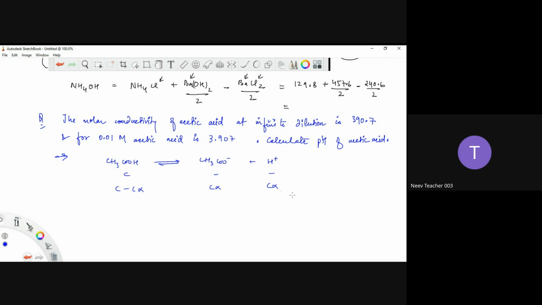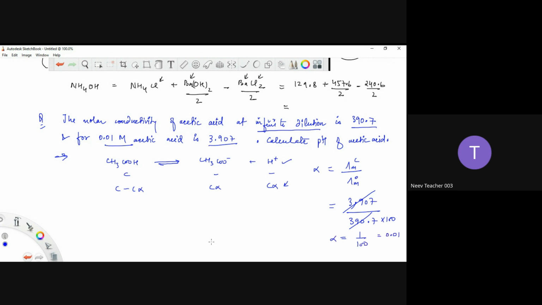For the concentration of H plus we need alpha, and for alpha we have seen one formula: lambda m at any concentration divided by lambda m at infinite dilution. So for 0.01 molar, lambda m is 3.907 divided by 390.7. If I take 100, it will be 1 by 100, so that is 0.01.